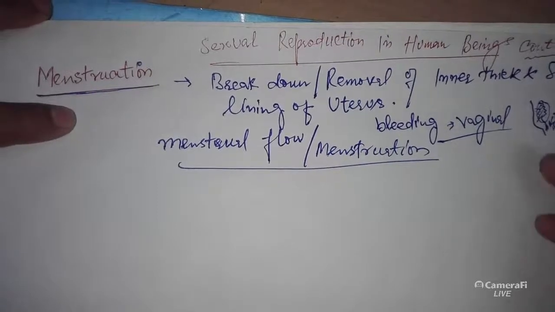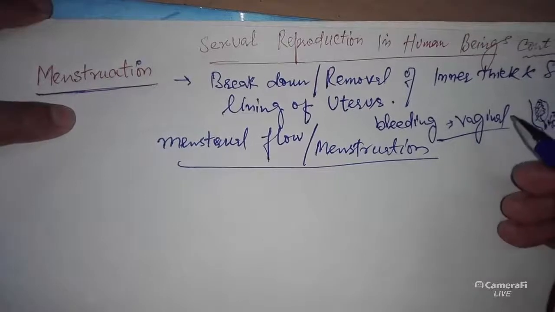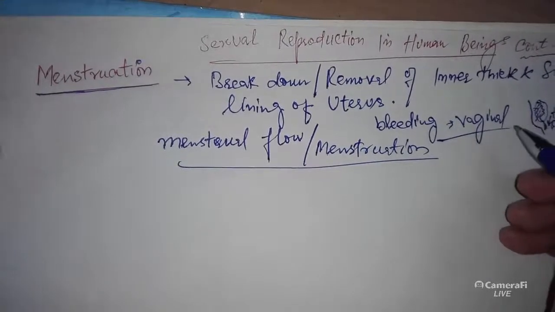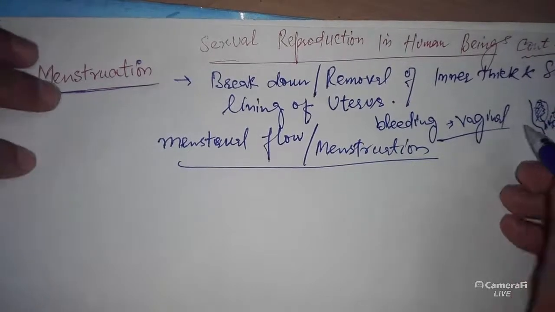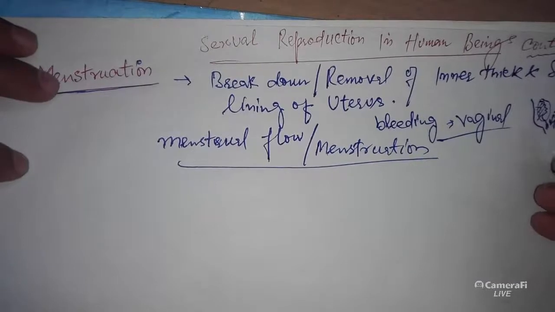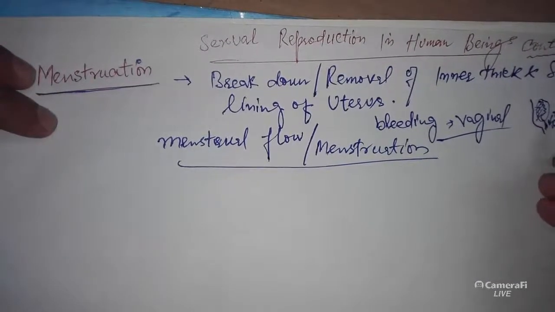The events of this cycle take place in the ovaries actually. The two ovaries control it, so the ovaries and uterus are involved.